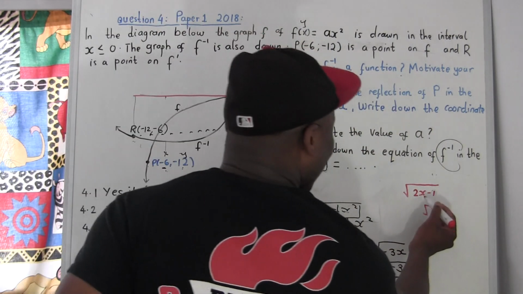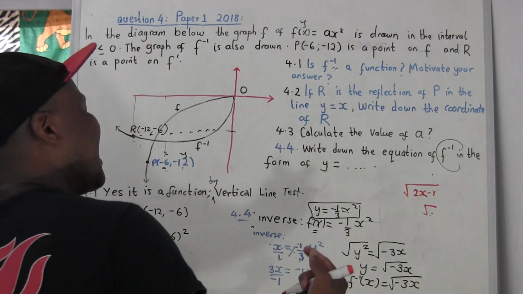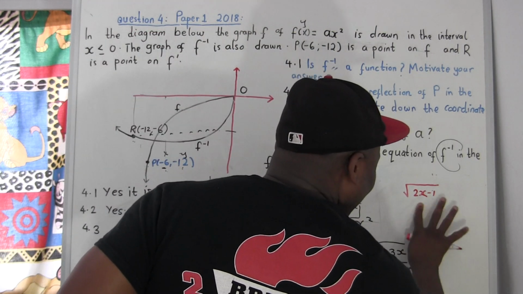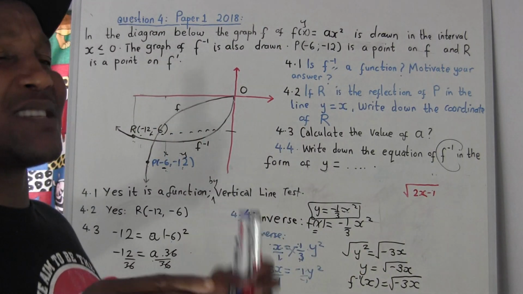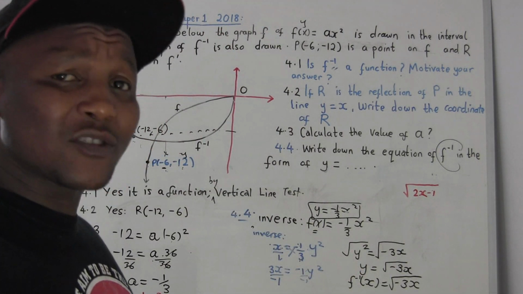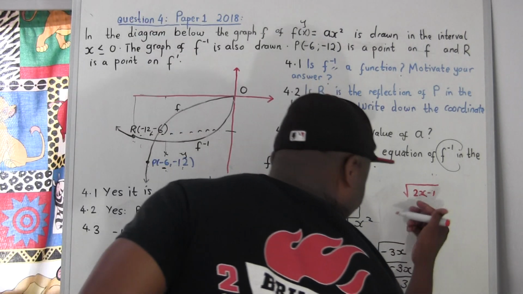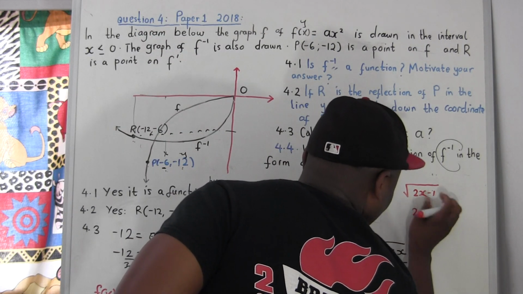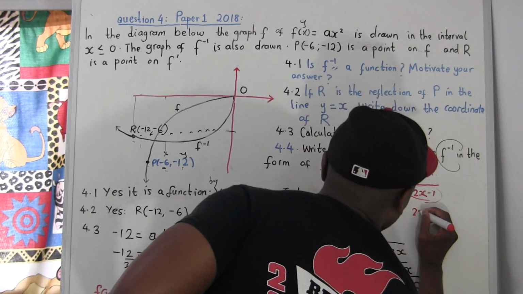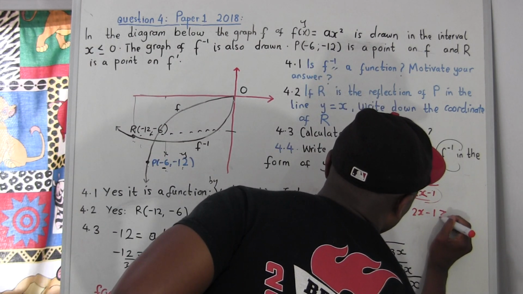So if somebody asks when this function can be defined, take everything inside the square root, 2x minus 1, and it must be greater than or equal to 0.